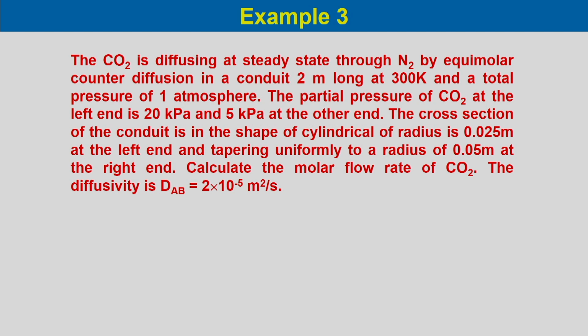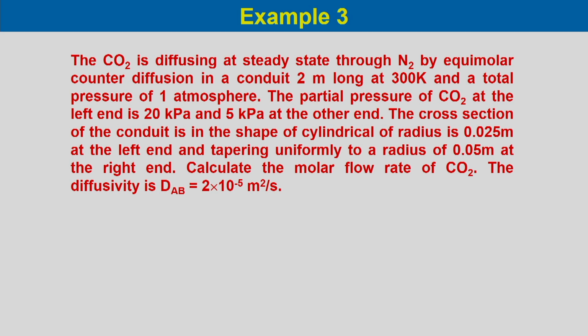Now, let us consider one example. The carbon dioxide is diffusing at steady state through nitrogen by equimolar counter diffusion in a conduit of 2 meter length at 300 Kelvin and a total pressure of 1 atmosphere. The partial pressure of carbon dioxide at the left end is 20 kilopascal and 5 kilopascal at the other end.